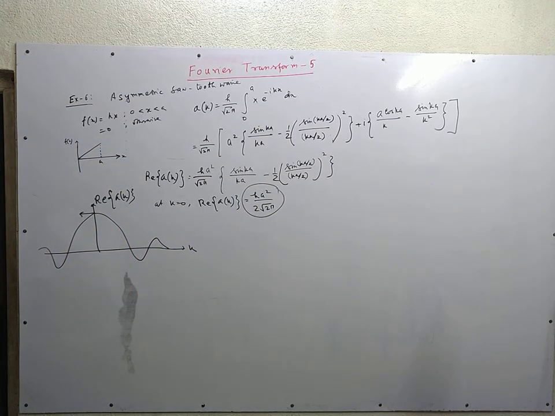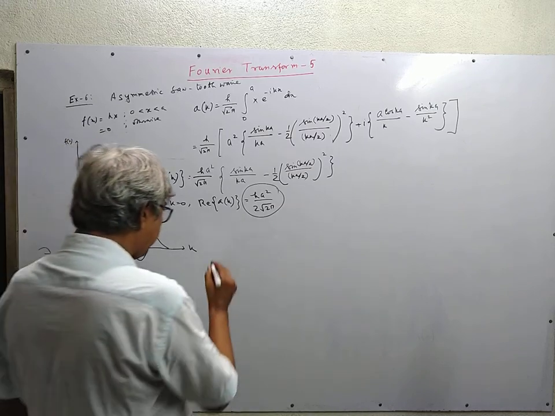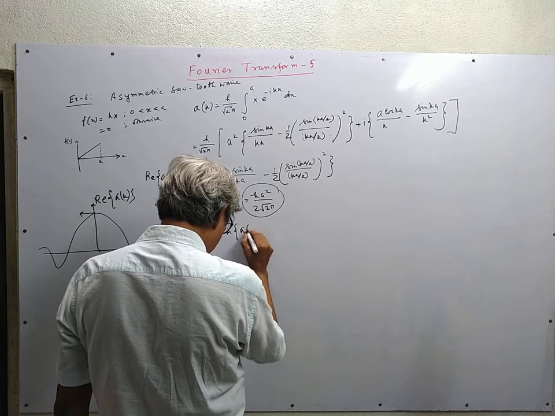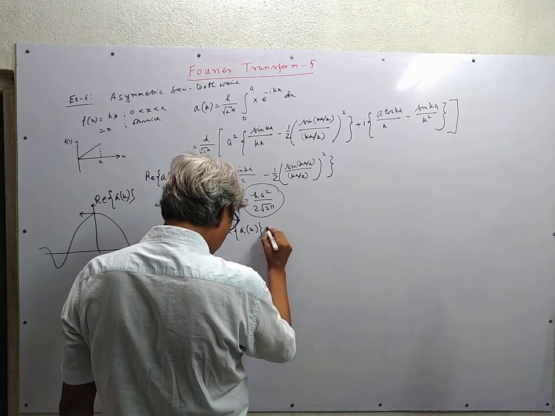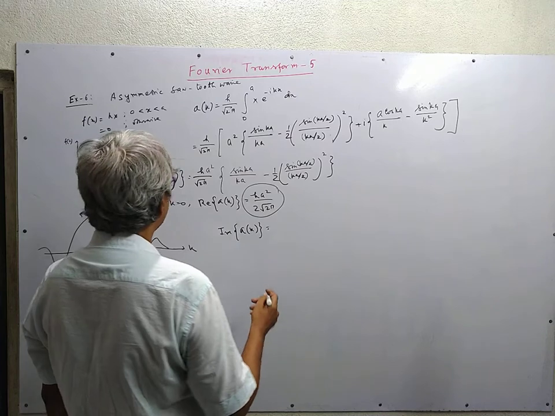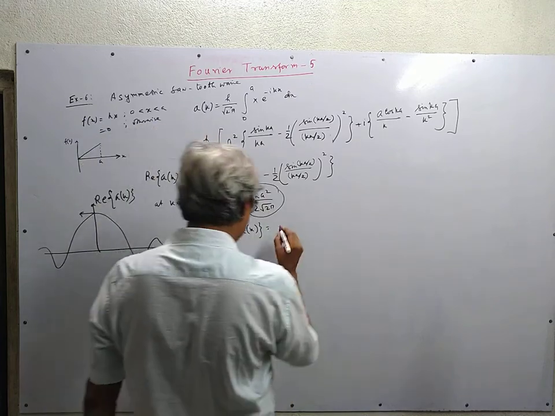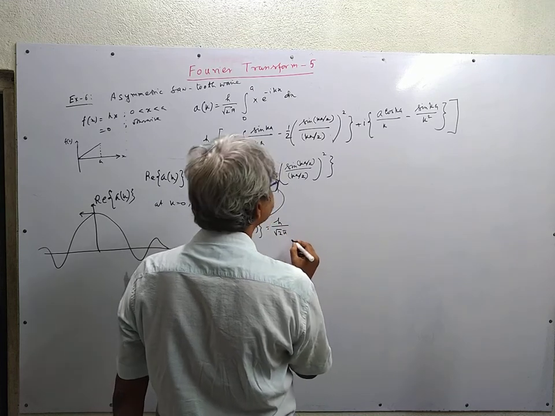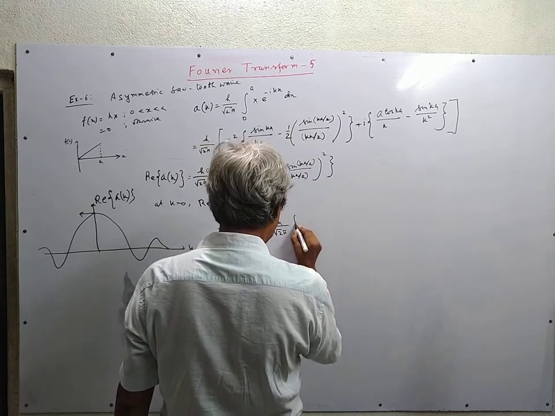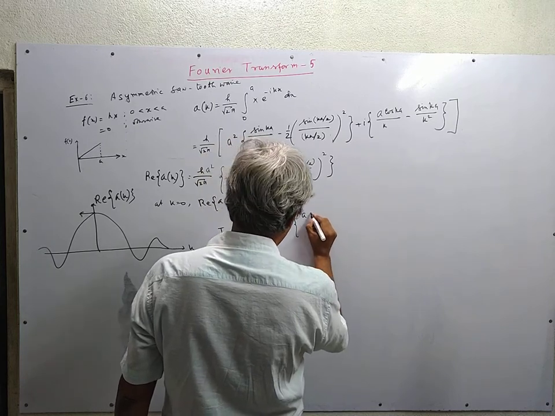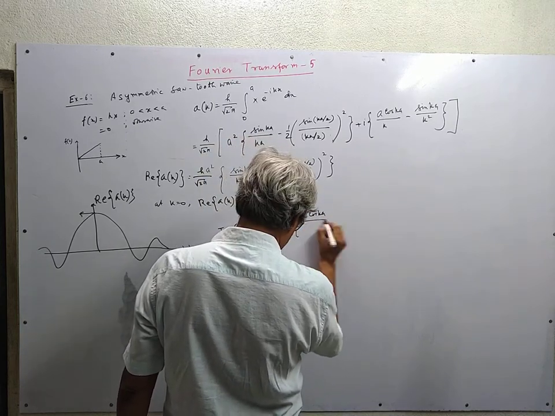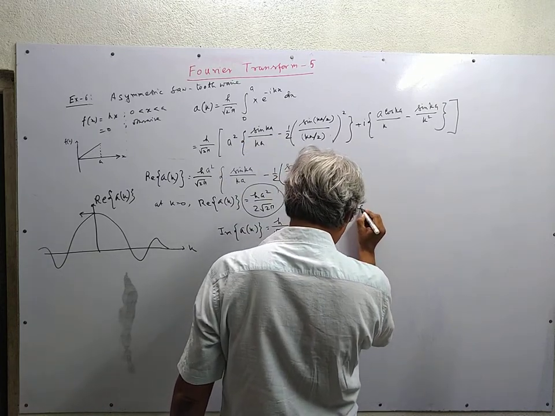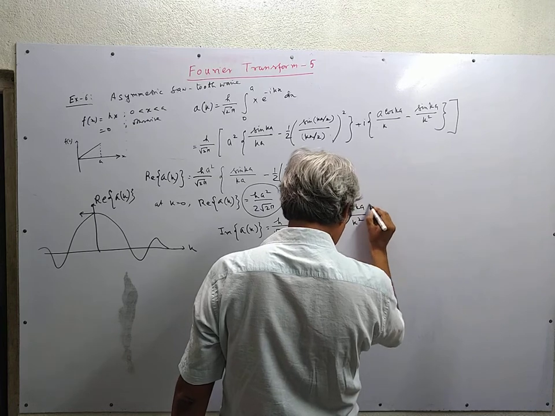Now come to the imaginary part. The imaginary part of a k is, apart from this h upon root 2 pi, a cos ka by k minus sin ka by k square.